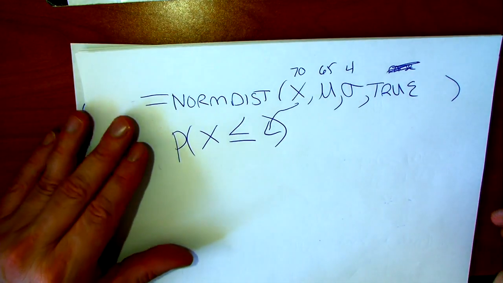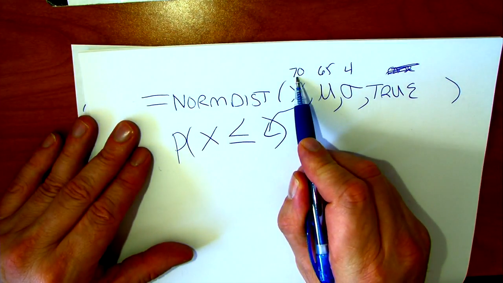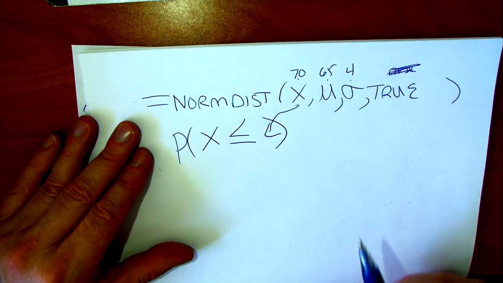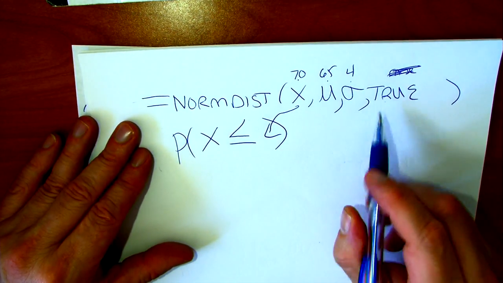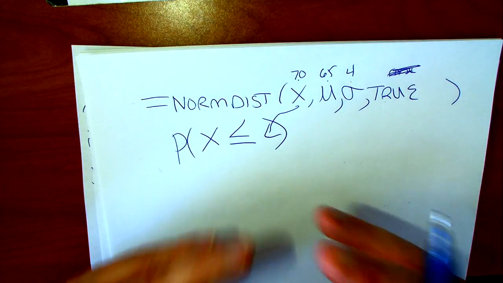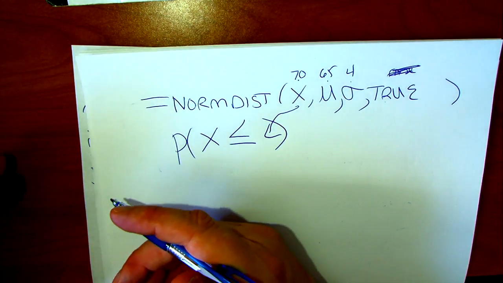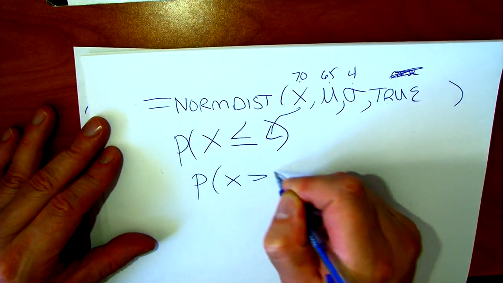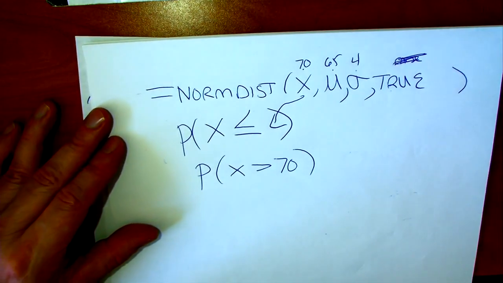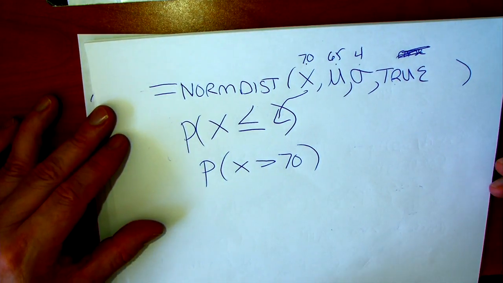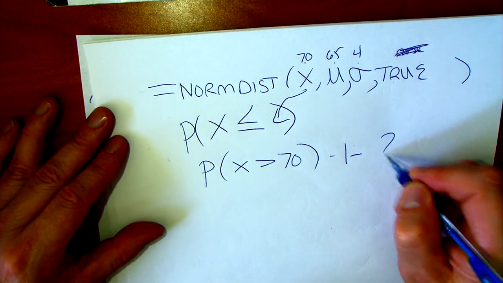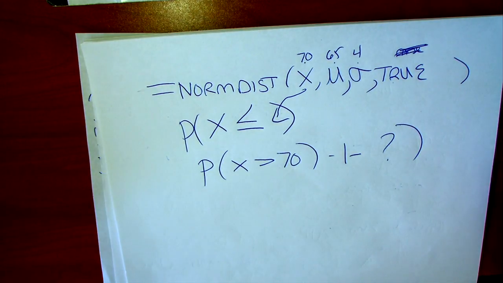So I'm going to plug into Excel 70 for my x, 65 for my mean, 4 for my standard deviation, and true. But remember, just like when we did the lookup, it's going to give me cumulative probability, and in this case I want the probability x is greater than 70. So what did I have to do when I did the lookup? That's right, I had to subtract whatever I find from 1.